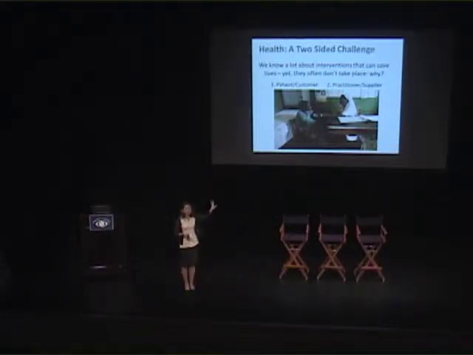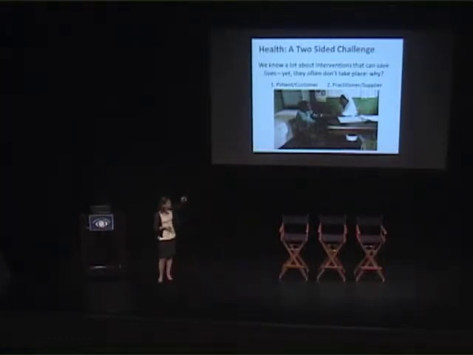And most of the questions that we try to address in the health sector revolve around this problem, which is that there are a lot of things that we know work. We know that vaccines can save lives. We know that safe water is better than unsafe water. We know that insecticide-treated bed nets can save lives by protecting people against malaria.